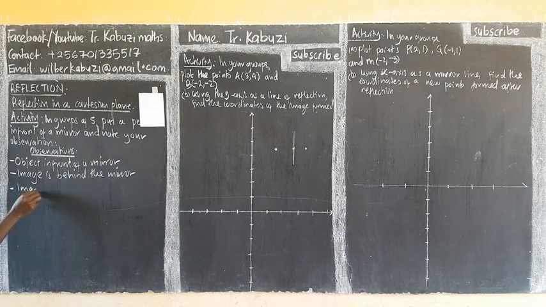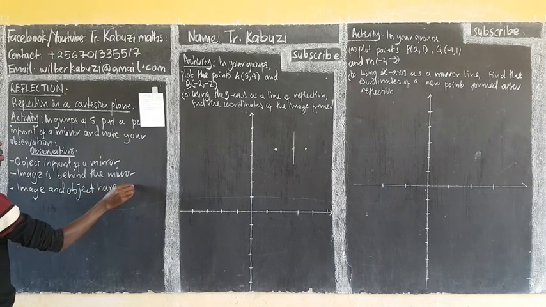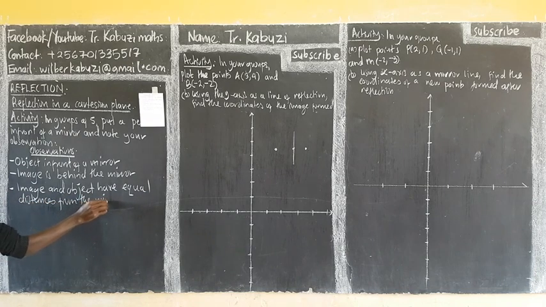Image and object have equal distances from the mirror. So that's what they mean.